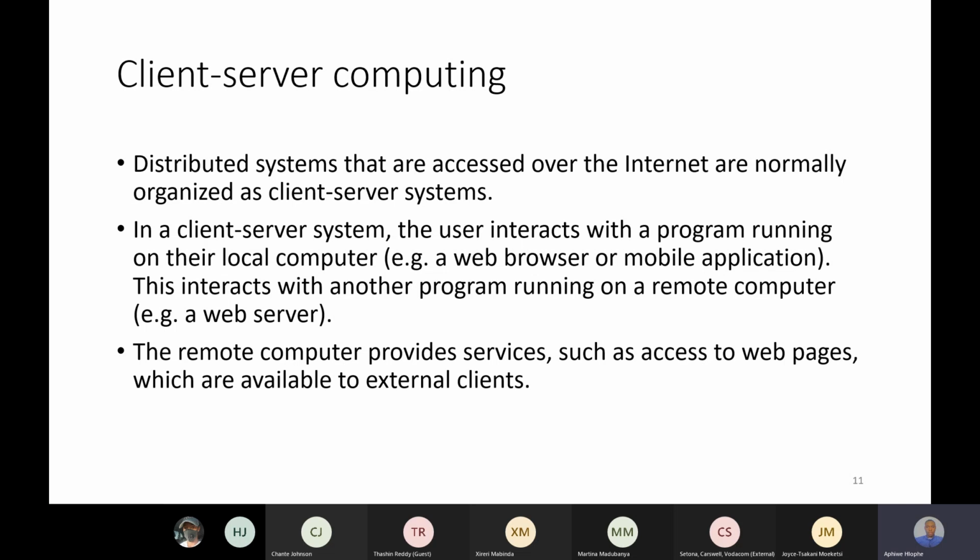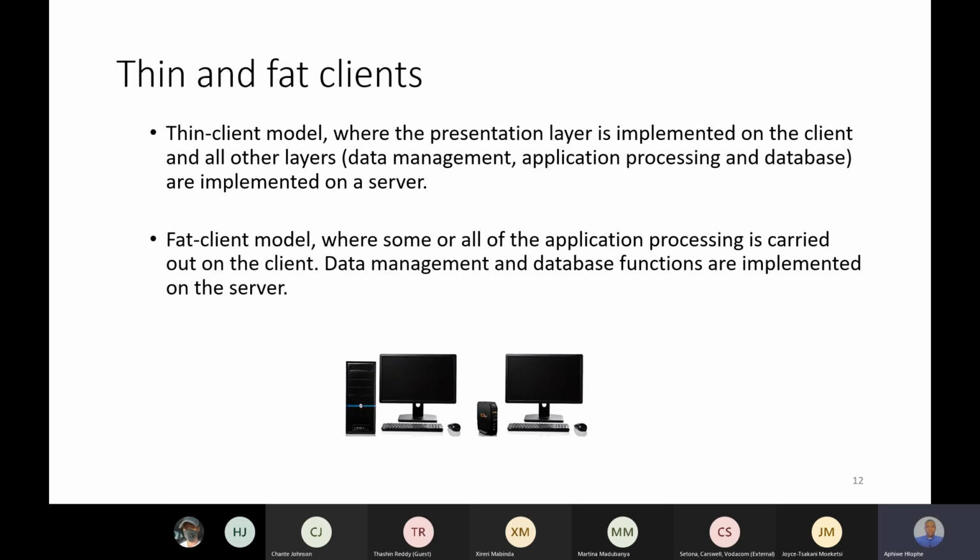The remote computer provides services such as access to web pages, which are available to external clients, okay? And speaking about clients, we can have thin clients and then we have fat clients. So what is the difference? You can see on the screen in front of you now that the one on the right is an example of a thin client.